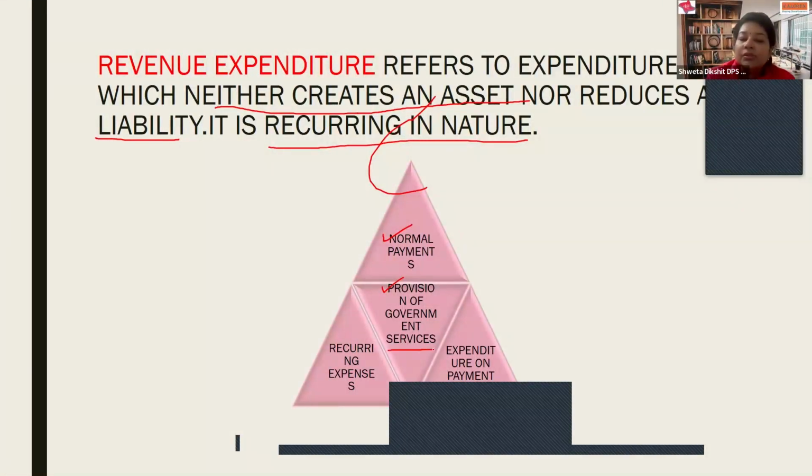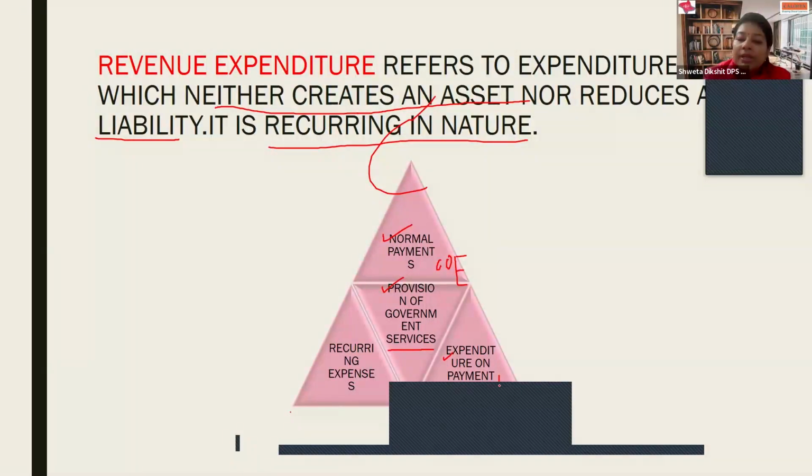Now, the government also has to make rent payments or interest payments, other than payment of COE, that is compensation of employees, meaning the payment to the employees of the central government. The government also makes payments for the interest and profit, and the payment for the rent and the interest.